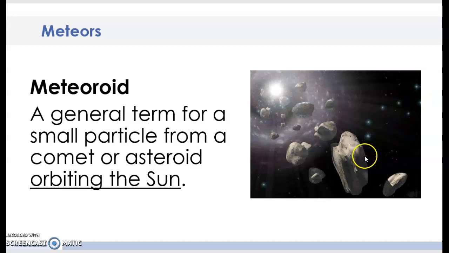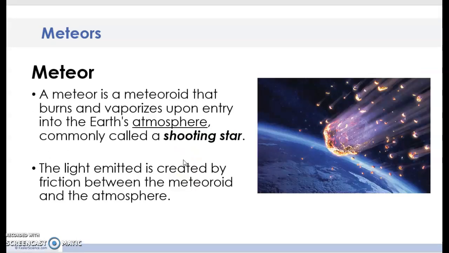It can be a big chunk, it can be a small fragment, but it's just floating out in space, not in any general direction. Unlike the asteroid belt that moves in an orbit around the sun, these meteoroids could be just off on their own.